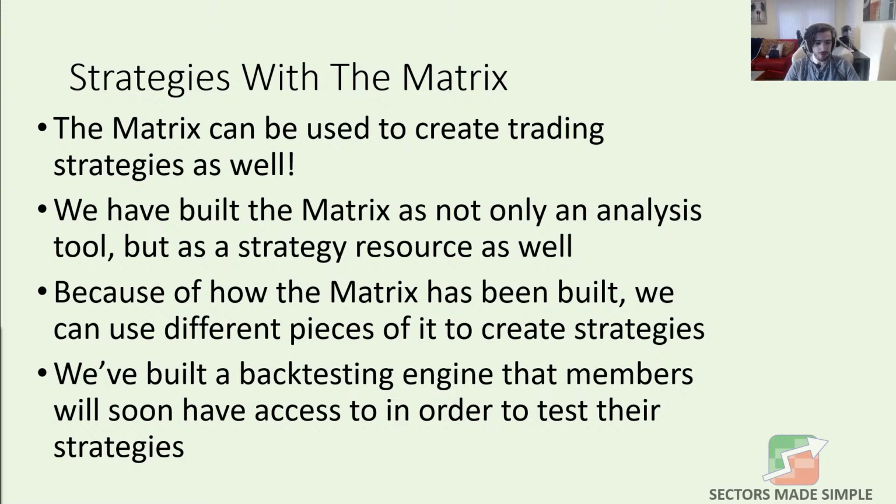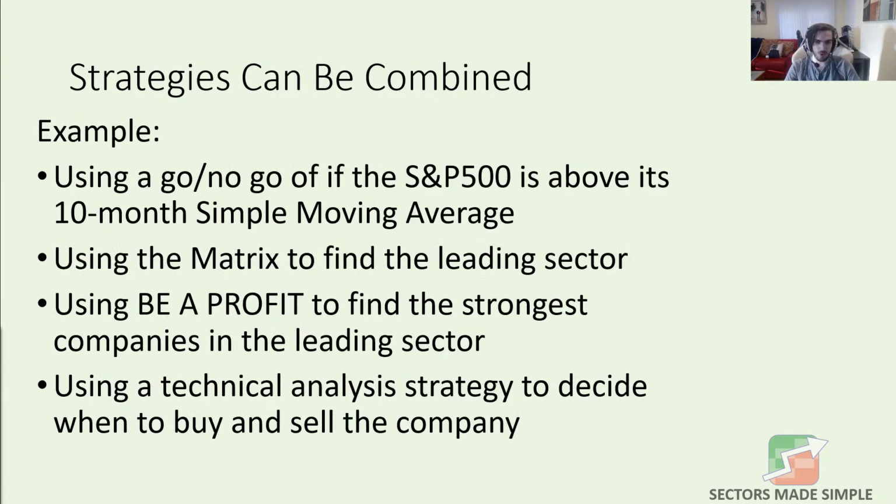But here's the real beauty and why I've taken so much time to go through these different examples. You can use all of them. You can use a market indicator of a red light, green light, go or no go situation. So you could say, I will only invest if the S&P 500 is above its 10-month simple moving average.